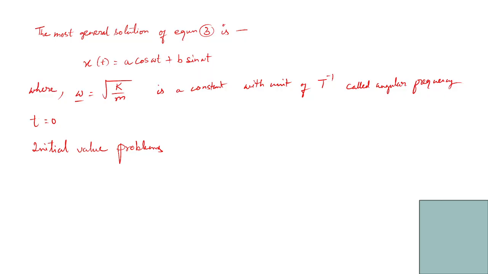For example, we can write the most general solution for equation number 4 in terms of x0 and x dash 0, the displacement and velocity of the block at time t equal to 0, setting t equal to 0.